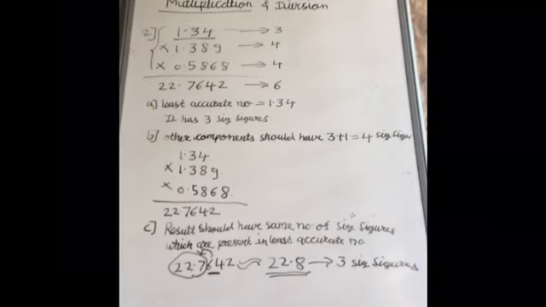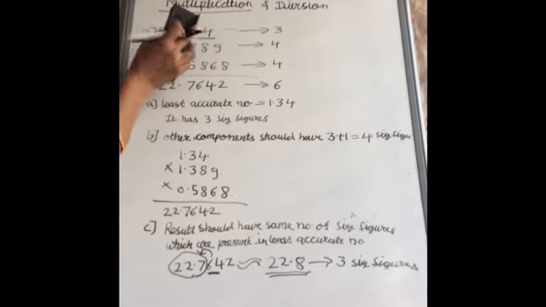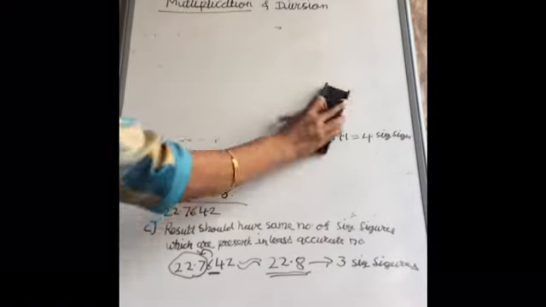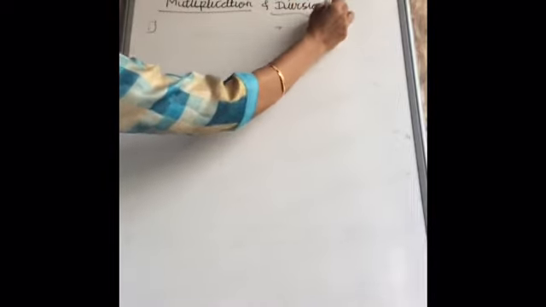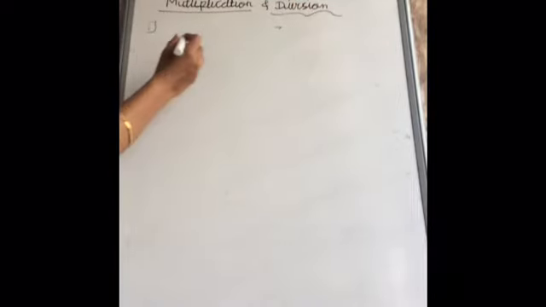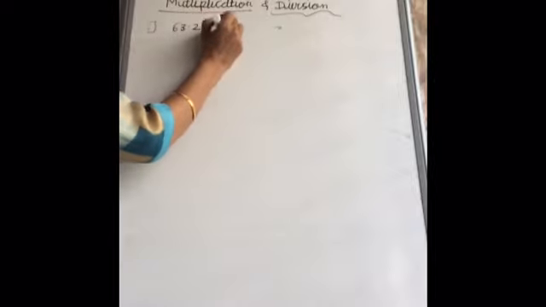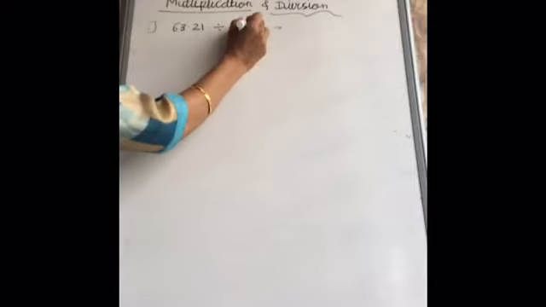Now we will discuss division. In multiplication and division, the rules are the same. First example for division: 63.21 divided by 0.012.